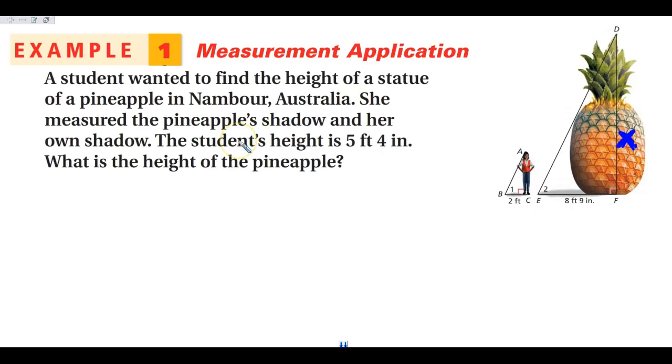Now, what we need to realize is that if she's 5 feet 4 inches, then two of our measurements here have a combination of feet and inches, and we want to change that so that we only have one unit of measure. If we look at 5 feet 4 inches, 4 inches is 1/3 of a foot.